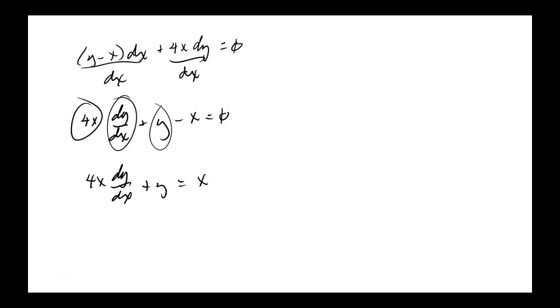Okay? How about this one? y double prime minus 2y plus y. I think here's another error, but I can't tell, equals 0.